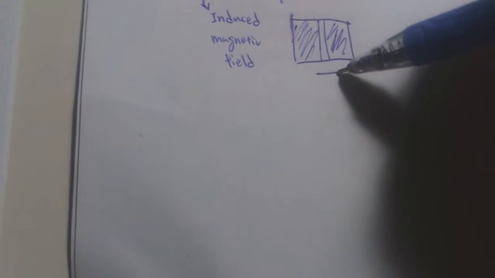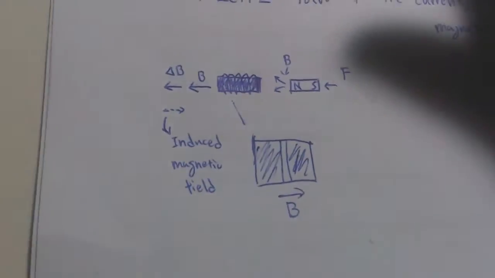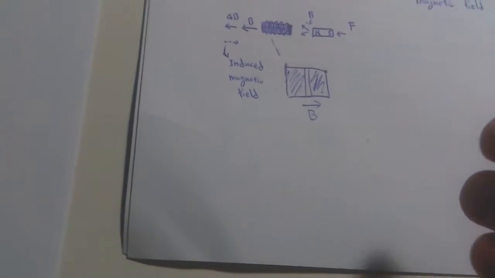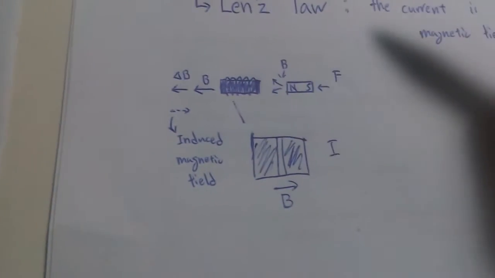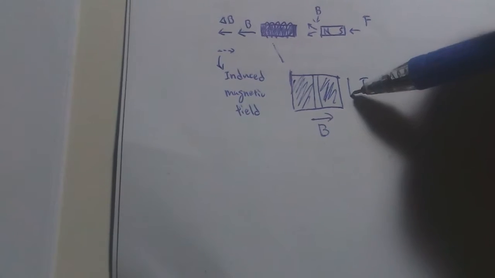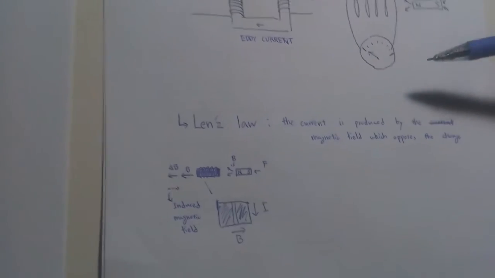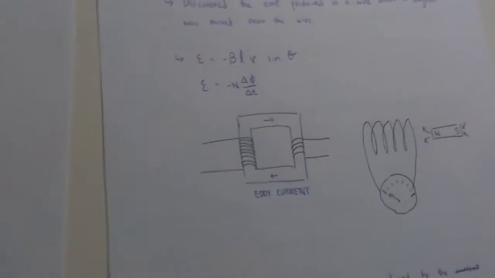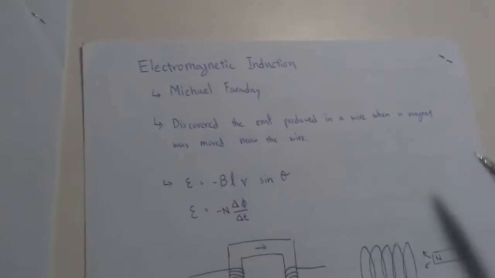The magnetic field is in this way, so it is inside the iron core. We think that the magnetic field is going inside, so we know that the current is going down. So that's the most important thing about electromagnetic induction.